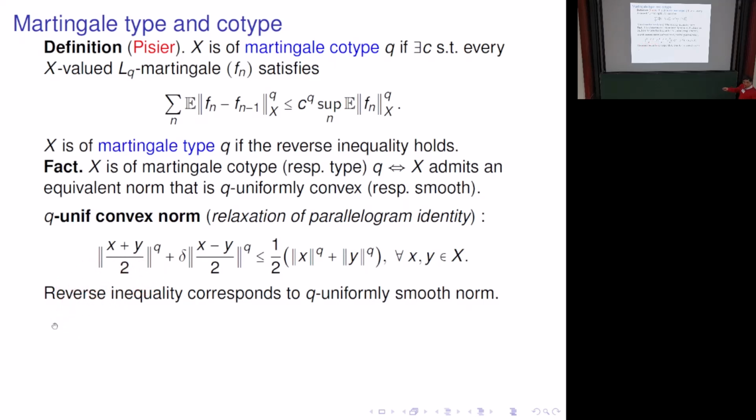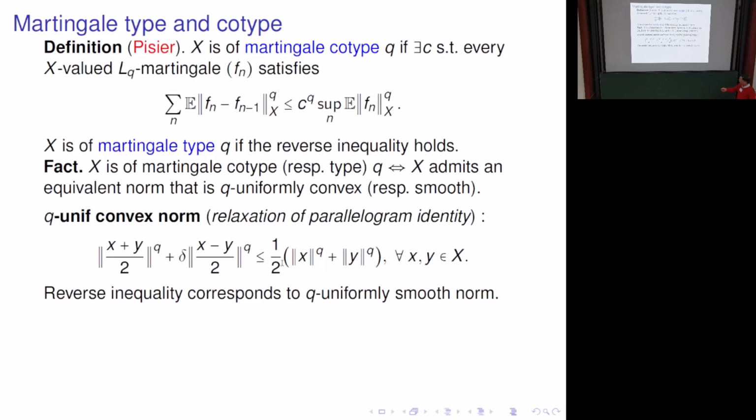In the classical case, if X is a Hilbert space, we have this so-called parallelogram identity for Q equal to 2. You see, if Q is equal to 2 and delta is equal to 1, then we have the identity, equality of both sides. Now we relax this identity to two inequalities.